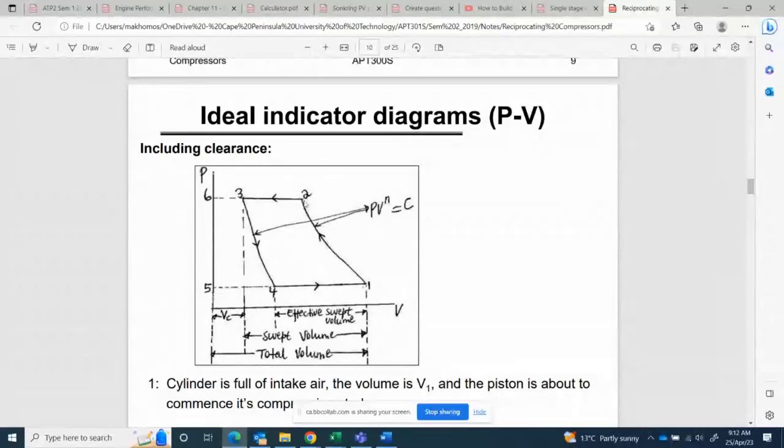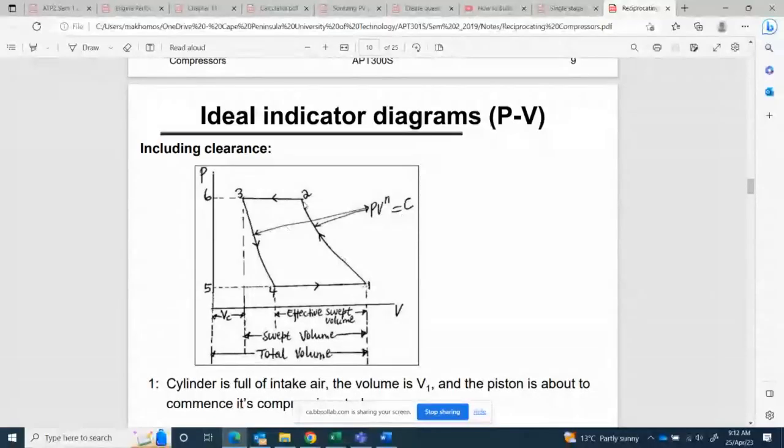Normally, during compression or expansion, it must follow a certain law. The name of this path, again, I said that they can be 3. It can be polytropic, adiabatic, or isothermal. In this case here is PV^n, which is polytropic. This n here is the polytropic index of compression or expansion. So the law that compresses this is PV^n equals constant. Compression takes place from 1 to 2.